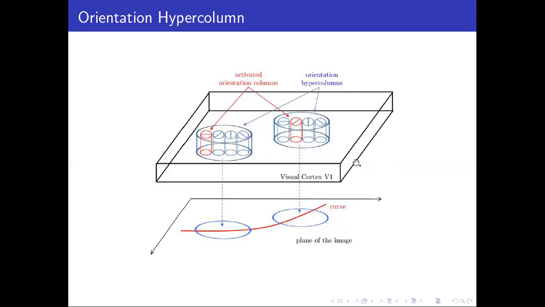So if I see a curve with this direction, that neuron will fire and say, yes, it is that direction, and the others will stay silent. It's really like that.